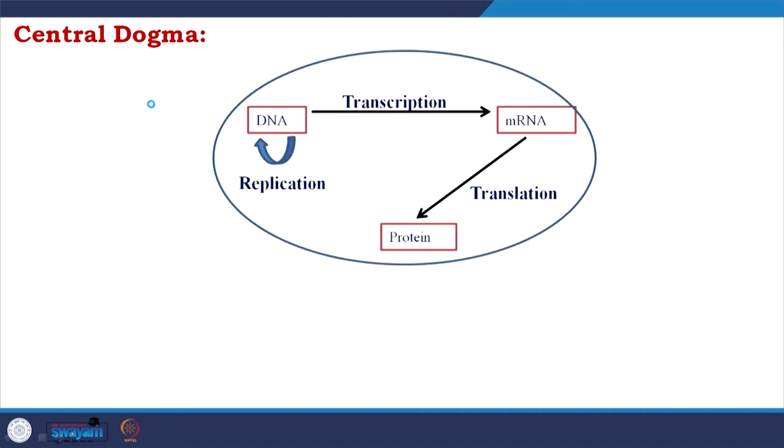I am coming to that. Before that, I will talk about the central dogma. Though I talk about replication, you see in the central dogma, a DNA could develop another DNA through replication, a DNA could develop mRNA through transcription and mRNA makes protein through translation.